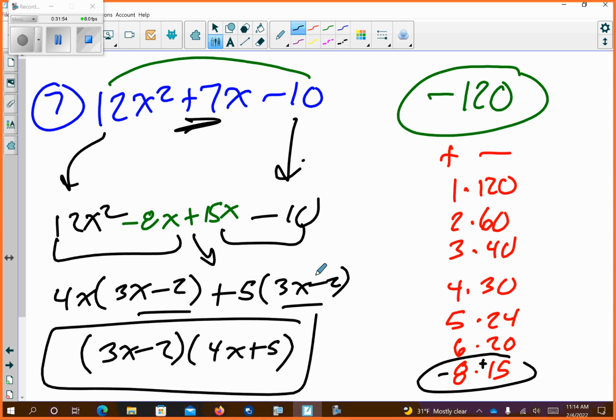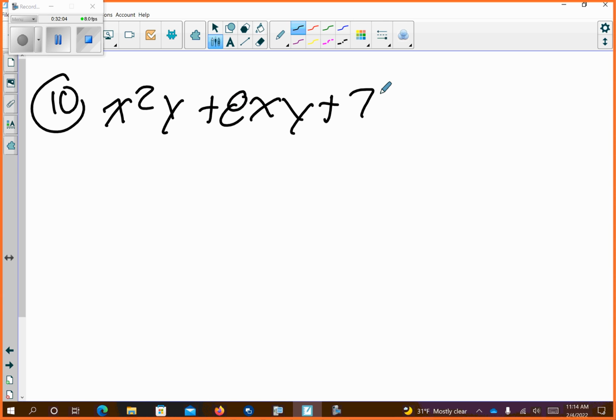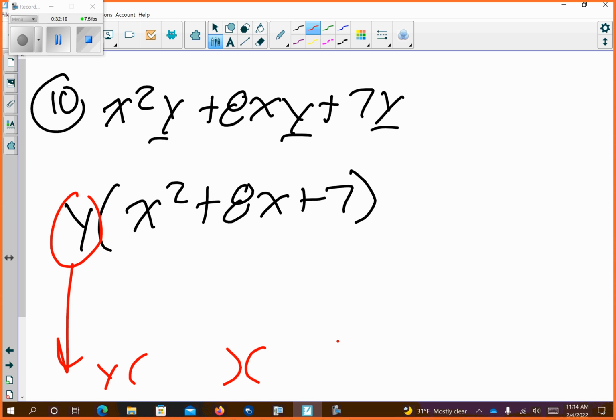Number 10. The first thing you need to see on this one is they all have a y in common. This y needs to come straight down. And then I'm going to factor x squared plus 8x plus 7.